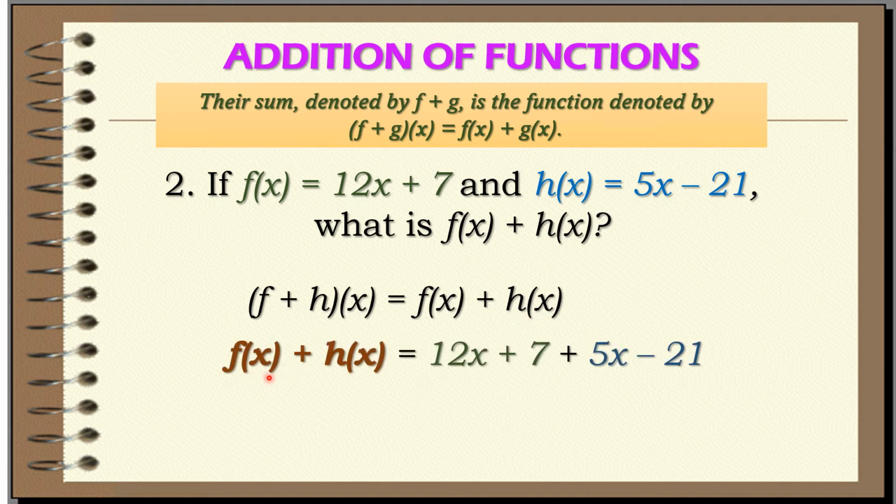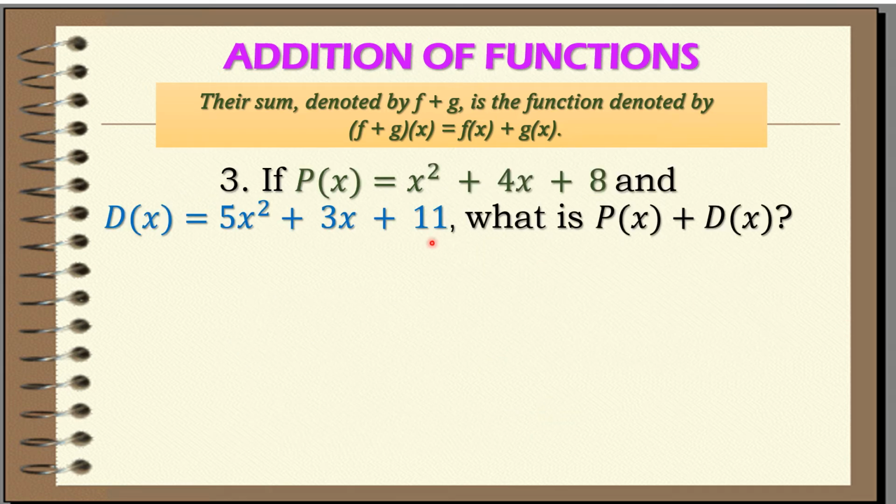Then we have to write the function of f of x, that is 12x plus 7, plus the function of h of x, which is 5x minus 21, and then we combine the like terms. So we have here 12x plus 5x, that is 17x, and 7 minus 21, that is negative 14.